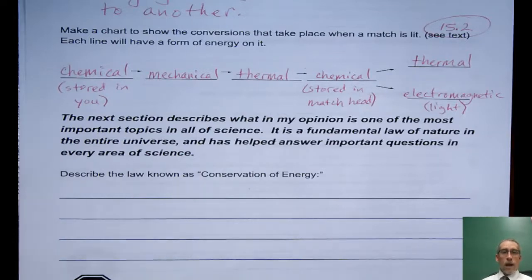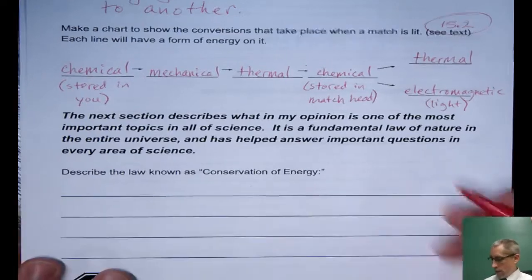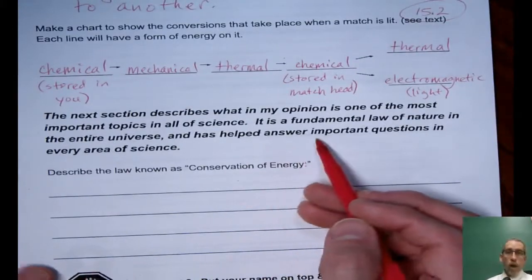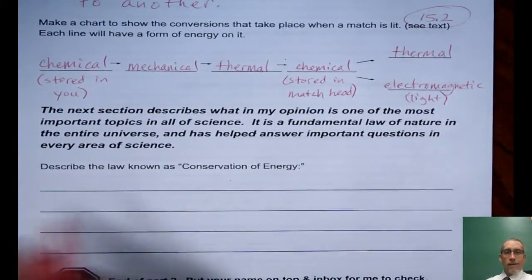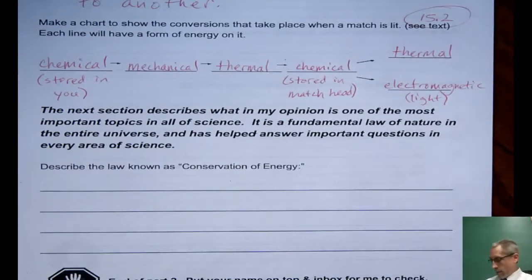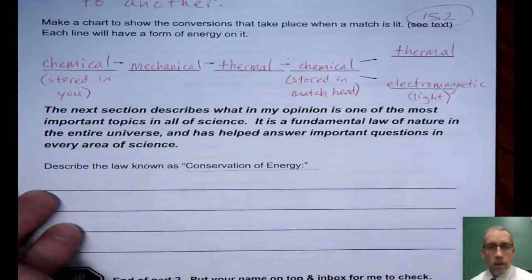And that food got its energy because it was either a plant or an animal that you consumed, and that got its energy, maybe it was an animal, by eating other food. Or if it was a plant, it had to absorb energy from the sun in order to undergo photosynthesis to store that energy. So ultimately, we can trace everything back. And so we are not creating energy. We are simply changing it from one form to the other. And this idea, and I'm calling this probably the most important and fundamental idea in all of science, and I'm not exaggerating there. It's known as the conservation of energy.